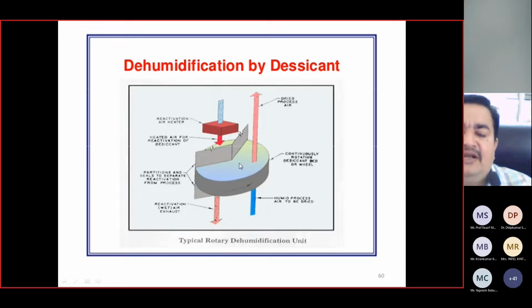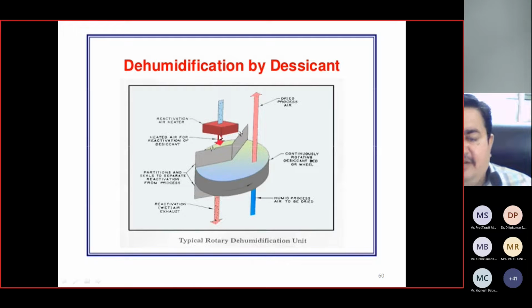There may be different configurations, 50-50, 25-75 and 75-25. But out of that, almost 75% of the wheel area is provided to the process air and 25% area is provided for the flow of reactivation air.